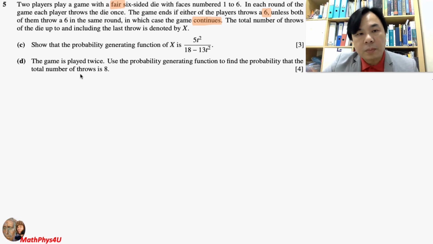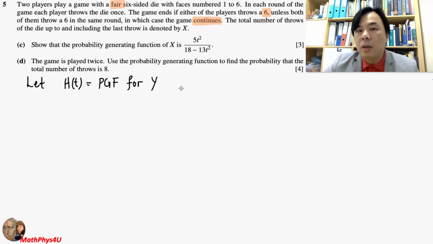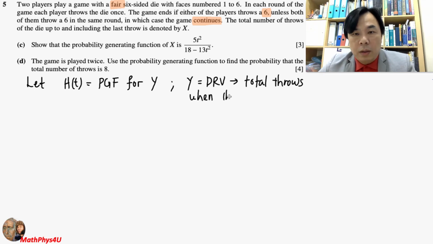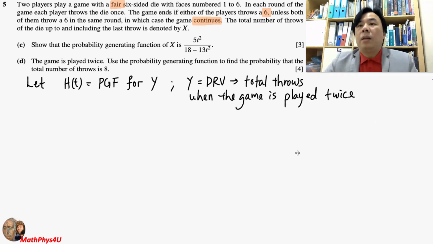Now for that, I'm going to let h(t) represent the probability generating function for y, where y represents the discrete random variable that represents the total throws when the game is played twice. Alright, now that is my y here.